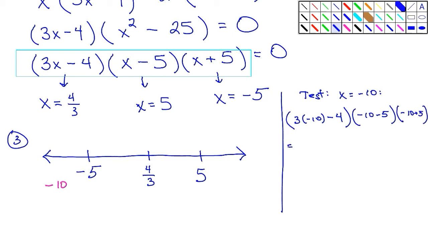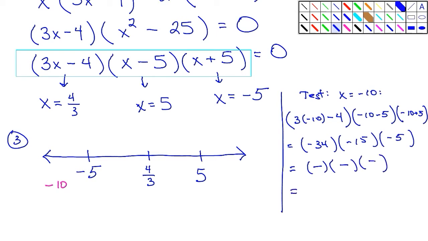This is equal to negative 34 times negative 15 times negative 5, which all I care about is that it's a negative times a negative times a negative. 3 negatives multiplied together gives me a negative. So the interval, let me put up my zeros. So the interval from negative infinity to negative 5 is all negative.